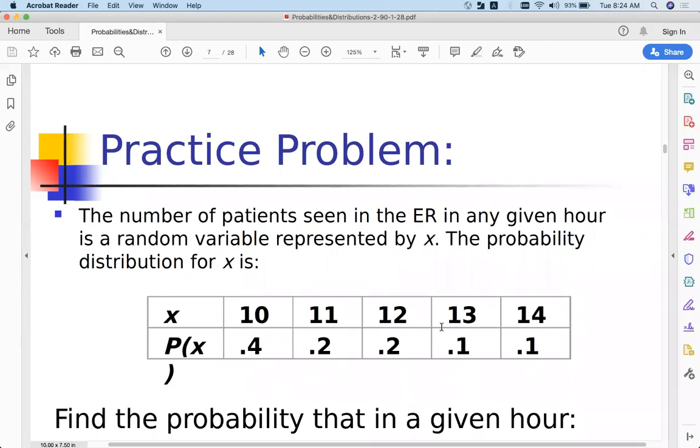There is only a 10% chance that 14 people will come, right? Now, what is the probability that 15 people will come? So what is this probability?